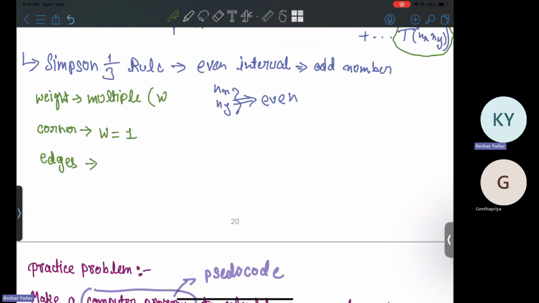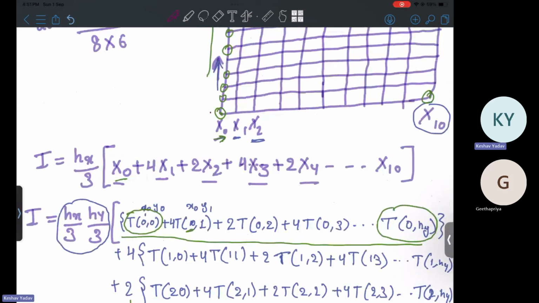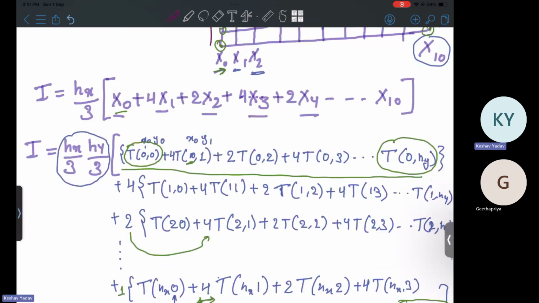So now let me write one more thing here. It will be a corner when, suppose I am applying a for loop, i equal to 0 to nx, and for the y direction I am applying j equal to 0 to ny. So if i equal to 0, means this line, or i equal to nx means this line.